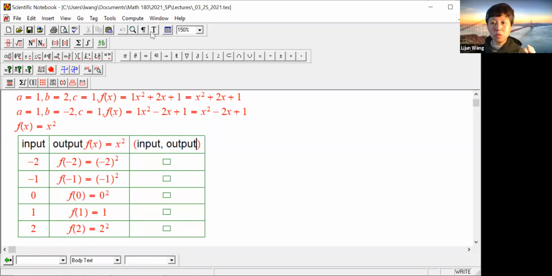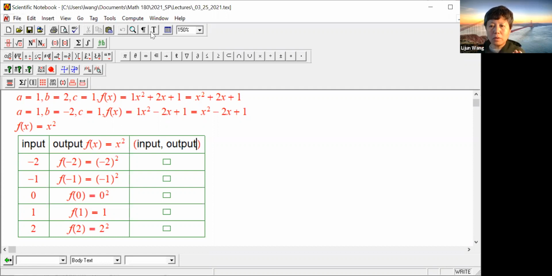Is this way of making points any different from the way we made points when we were dealing with trig functions, or any function so far? No difference, right? Do you see that consistency? Absolutely. What is the difference? The only difference is the rules are different, right? The rules of making those points are different.